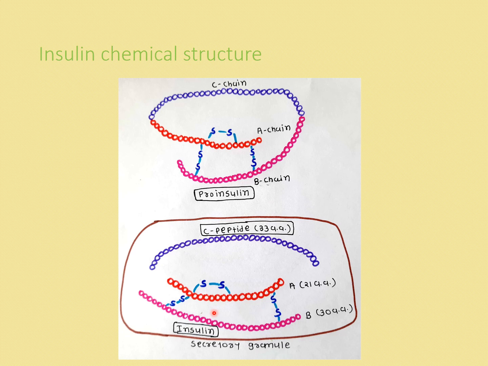You can see, a single disulfide bond is within the A chain, and two disulfide bonds connect the A and B chain of the insulin. Now some amount of proinsulin is also present in these secretory granules in the Golgi apparatus, which is not shown here. Equimolar amounts of this C-peptide and insulin are formed and released in the blood, that we should know.